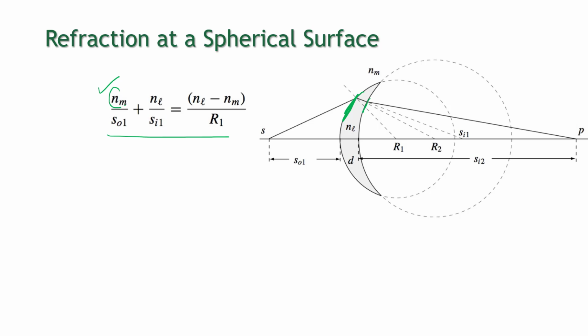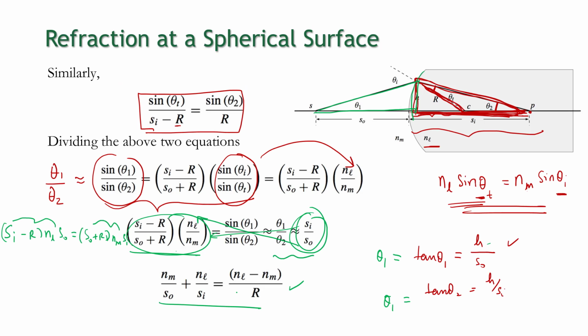So this is the refractive index of the first medium, Nm, and this is the refractive index of the second medium, Nl. And this is object distance, image distance, refractive index of first medium, refractive index of second medium, and radius of curvature. This is exactly the same equation that we got here, nothing different.